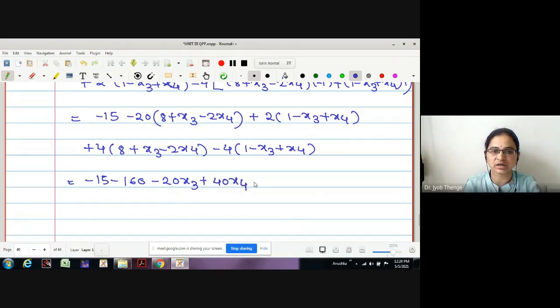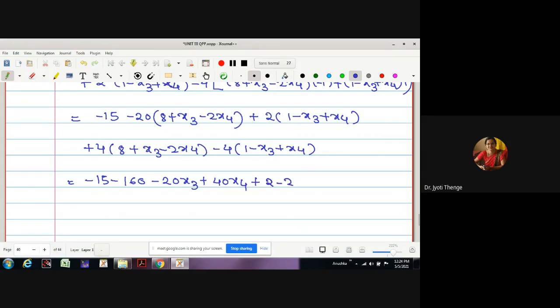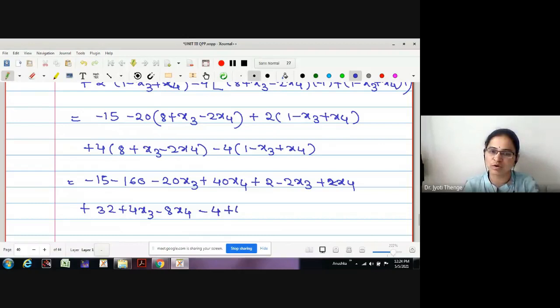Okay? Multiplying by 2. This is 2 minus 2x3 plus 2x4. Next, 4 times 8 is 32 plus 4x3 minus 8x4. Multiplying by minus 4, this is minus 4 plus 4x3 minus 4x4.